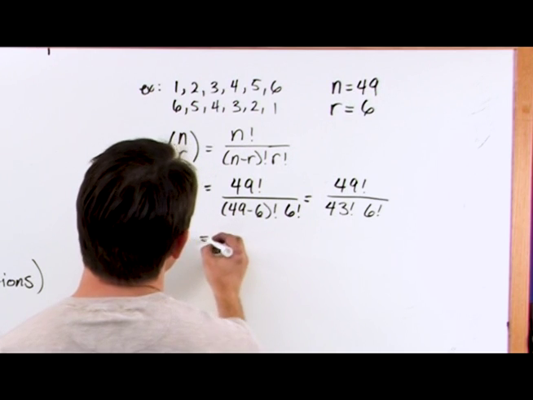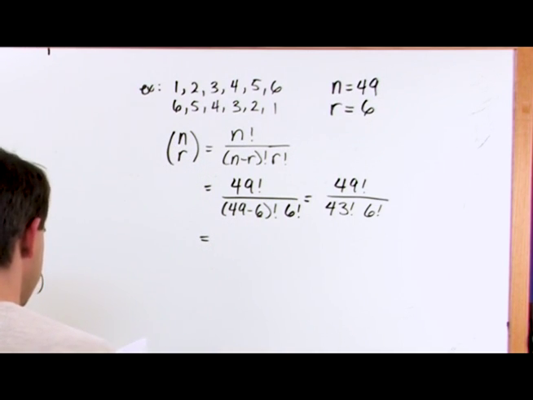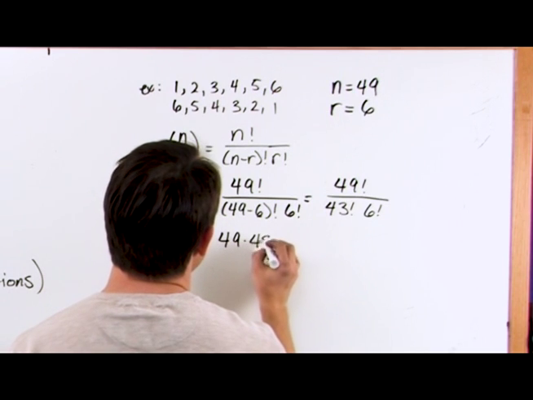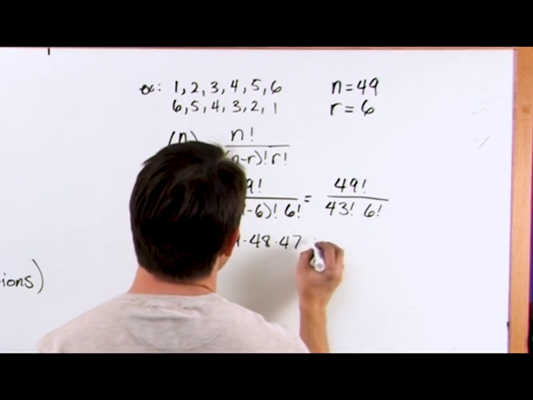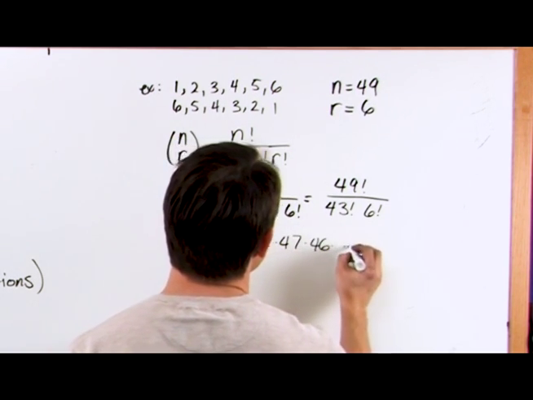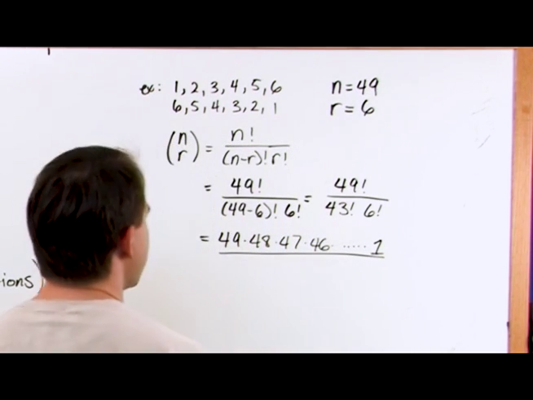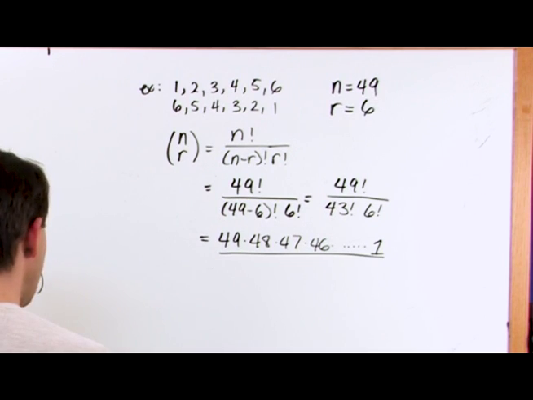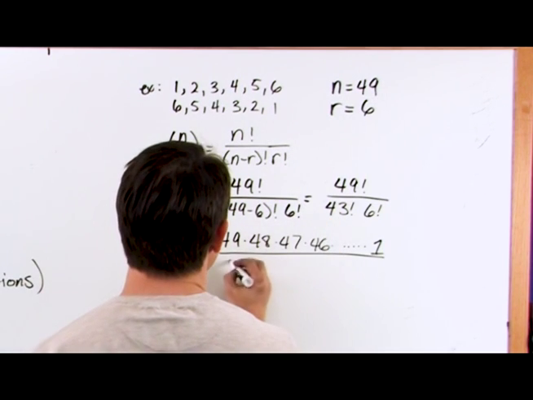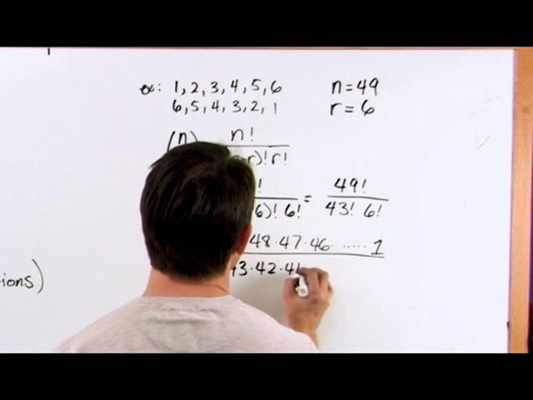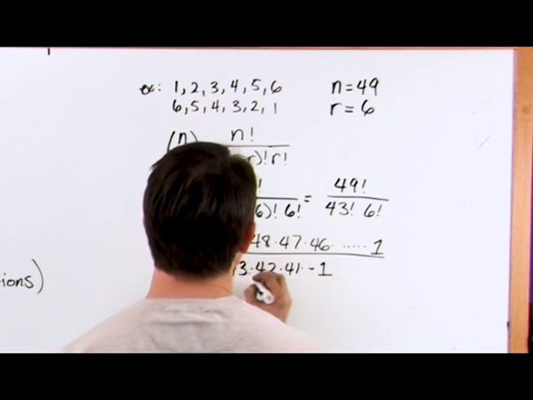So rather than try to do that calculation, let's think about what this means. 49 on the top times 48 times 47 times 46 times all the way down to 1. And on the bottom, you're going to have 43 times 42 times 41 all the way to 1.